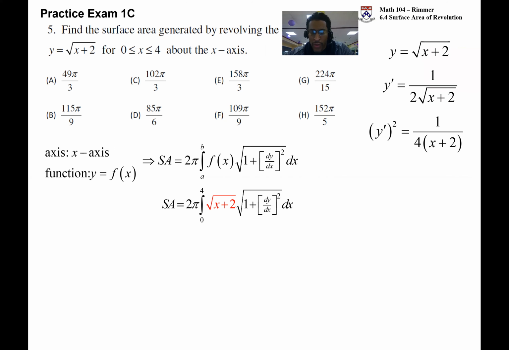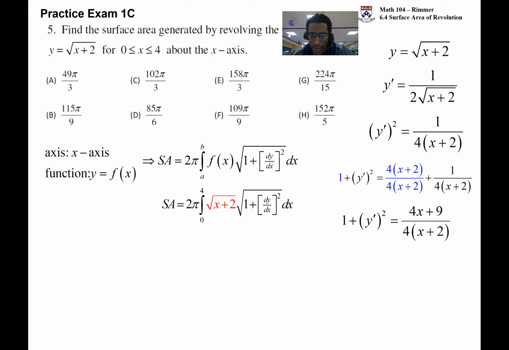Whenever your derivative squared is a fraction, you go to add 1. You want to make sure you add 1 by adding it as the denominator over itself, so then you can combine them into one fraction. 4x plus 8 plus the 1 gives us a new numerator of 4x plus 9, and the denominator is the same.